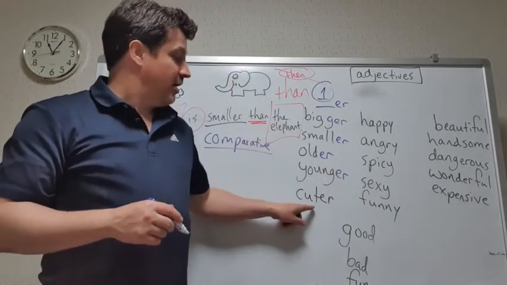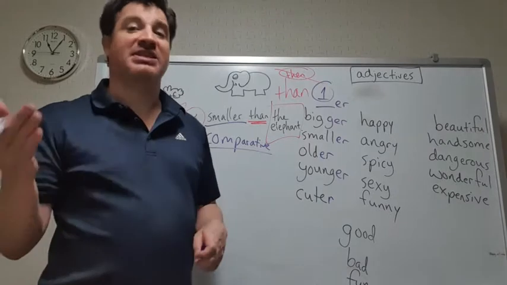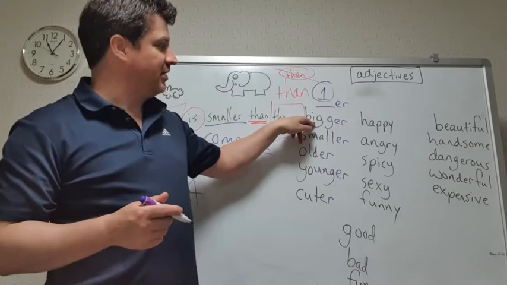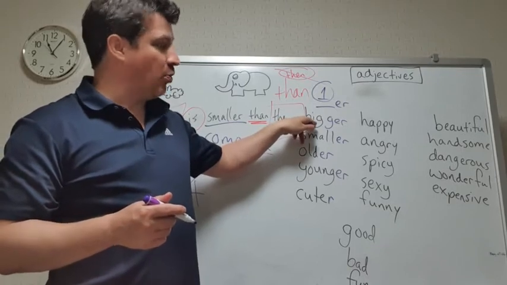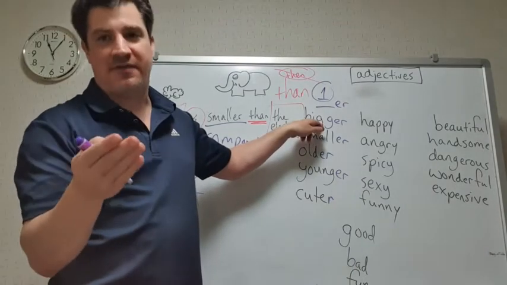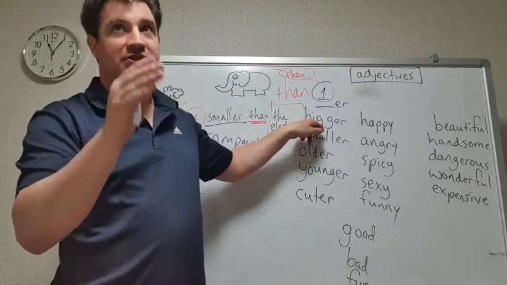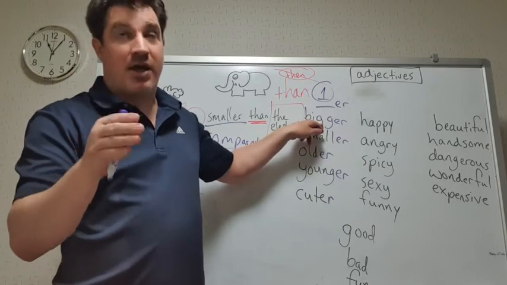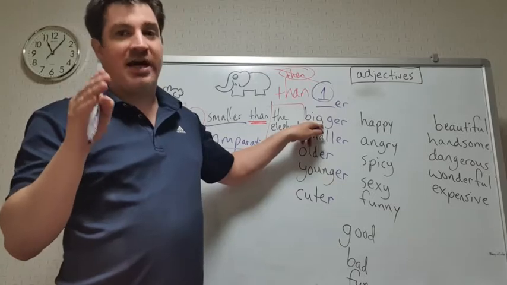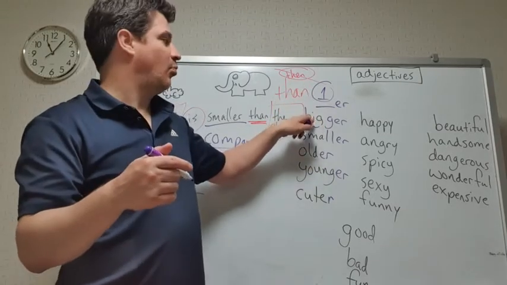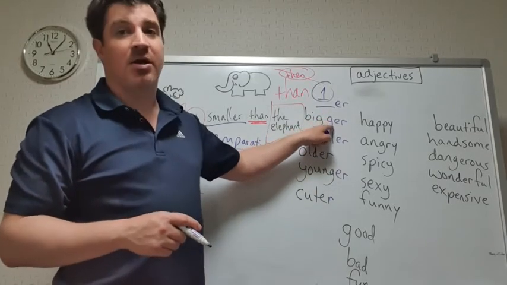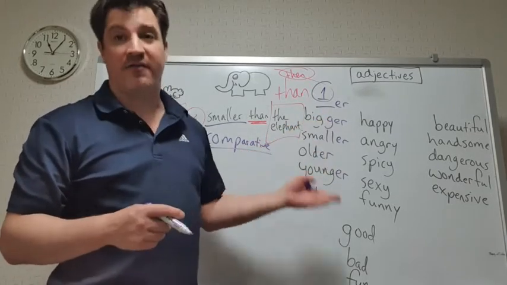Okay, now, cute and big are spelled differently for a lot of reasons. If you have one vowel, A-E-I-O-U, and one consonant, which is not a vowel, B, C, D, F, G, H, J, K, L, M, N, P, Q, R, S, T, V, W, X, Y, or Z, one and one, you cannot just put an E here because that would make it a long vowel.